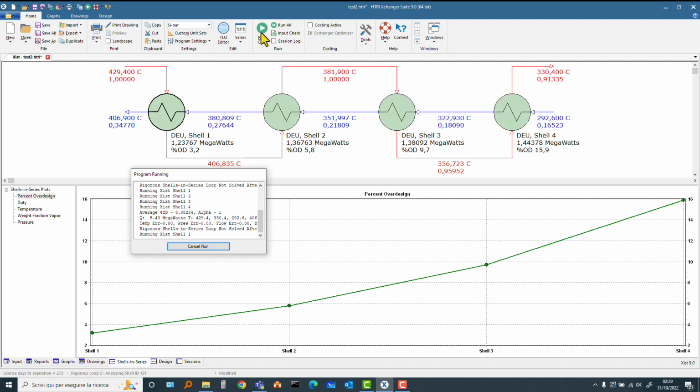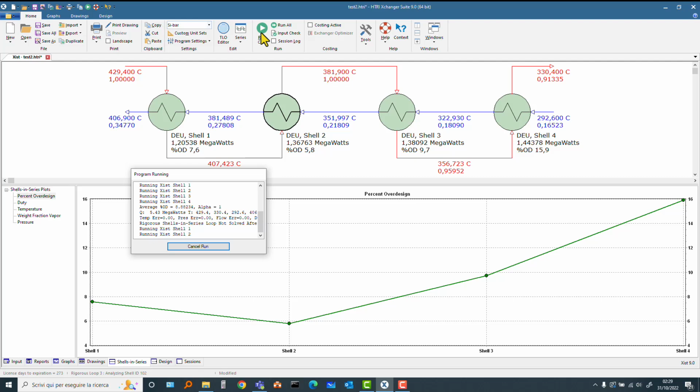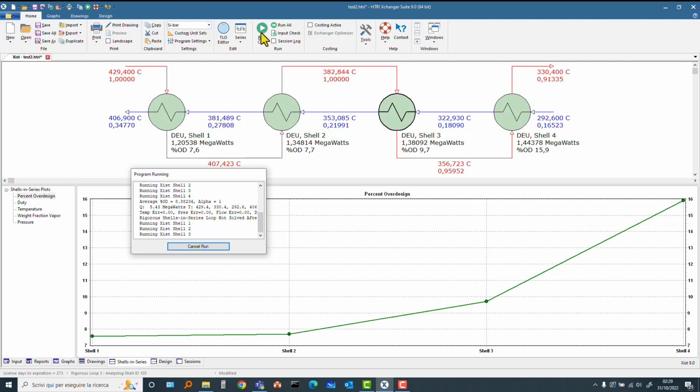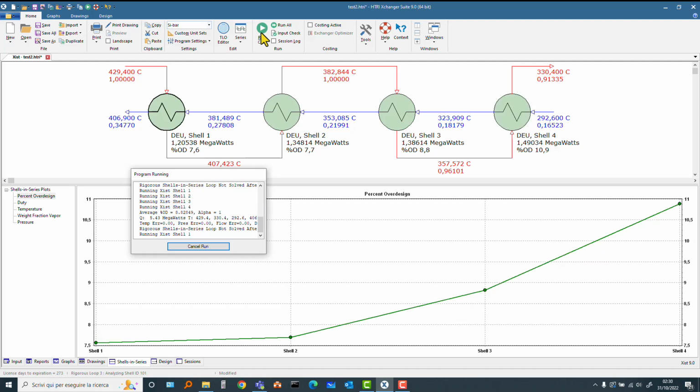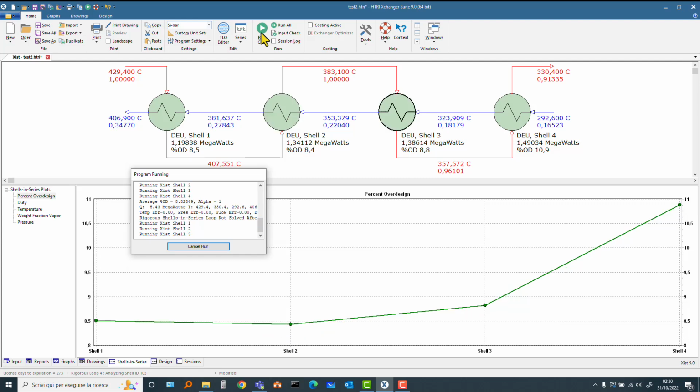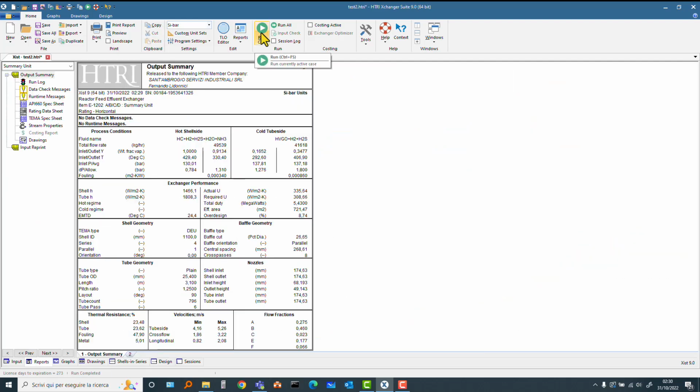You see, all these attempts can be made very quickly because we are lucky that even with multiple shells, the program runs very quickly. Let's see what happens.